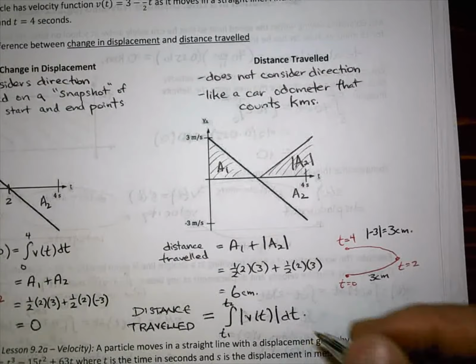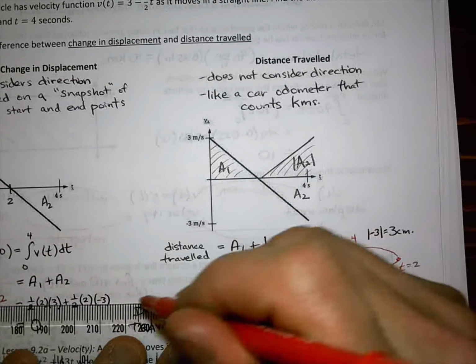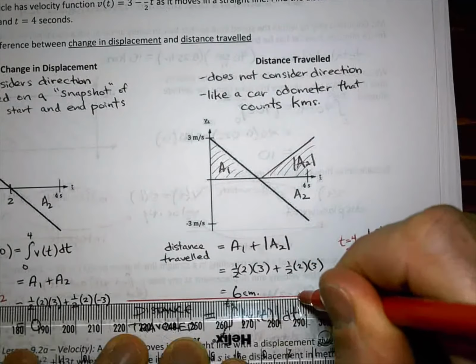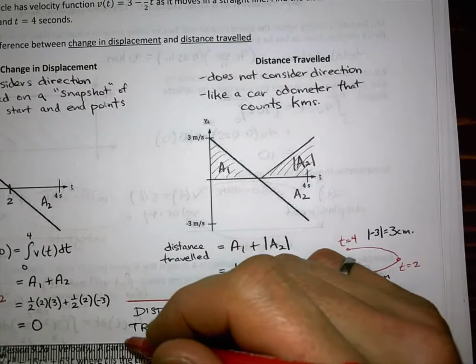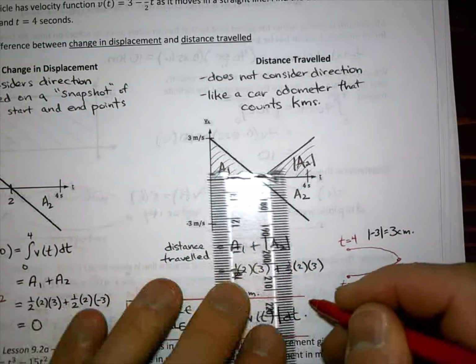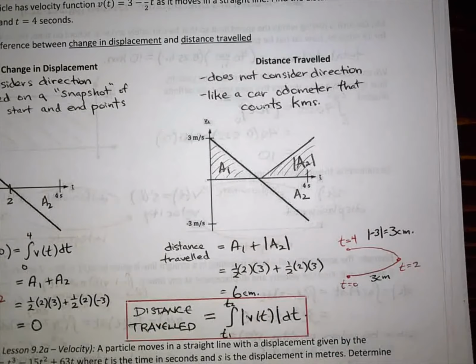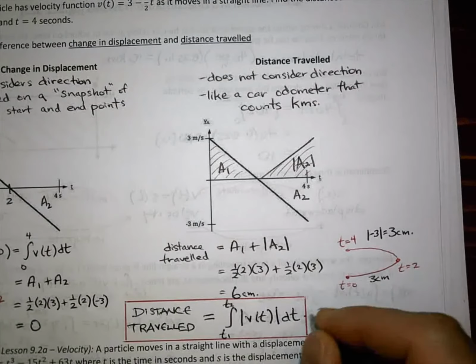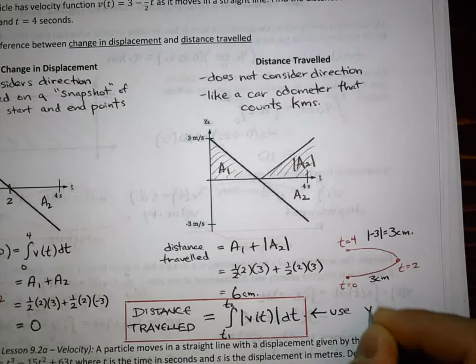That is in your formula sheet. That is something that comes up very frequently. You'll be asked a distance traveled question. You don't need to do too much thinking. You just go right to this formula. It's the absolute value of velocity. And of course, you're going to use your GDC. I'll show you that in the next question.